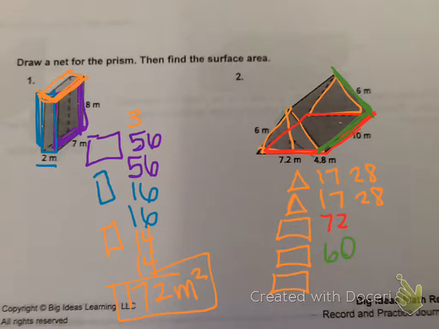And then this on this side is the same because it's 6 by 10 also. So when I add up all of my pieces, I end up with 226.56 meters squared.